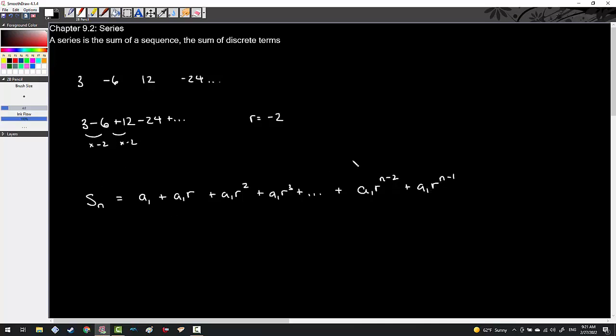And so from here, I'm going to take that sequence again, S sub n, and this time I'm going to multiply it by the letter r. So all of those a sub 1s are going to come down: a sub 1, a sub 1, and then dot, dot, dot, a sub 1 plus a sub 1.